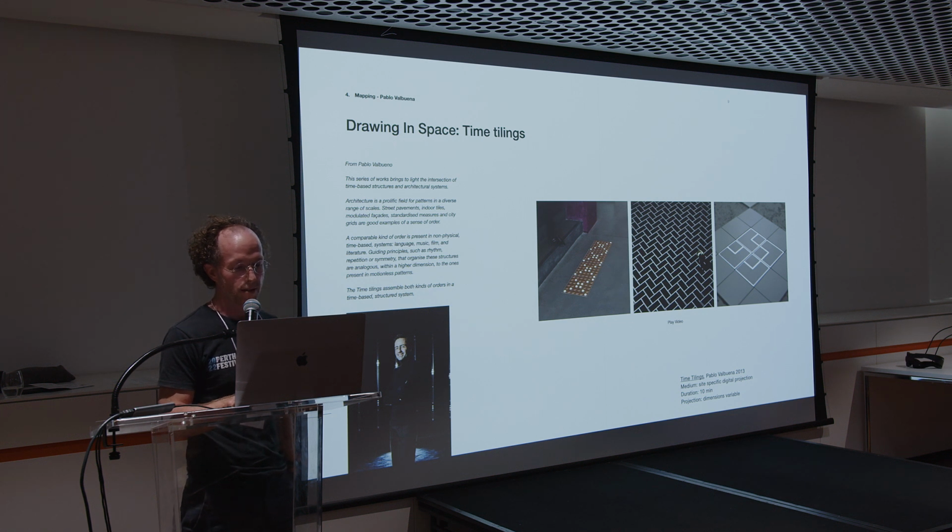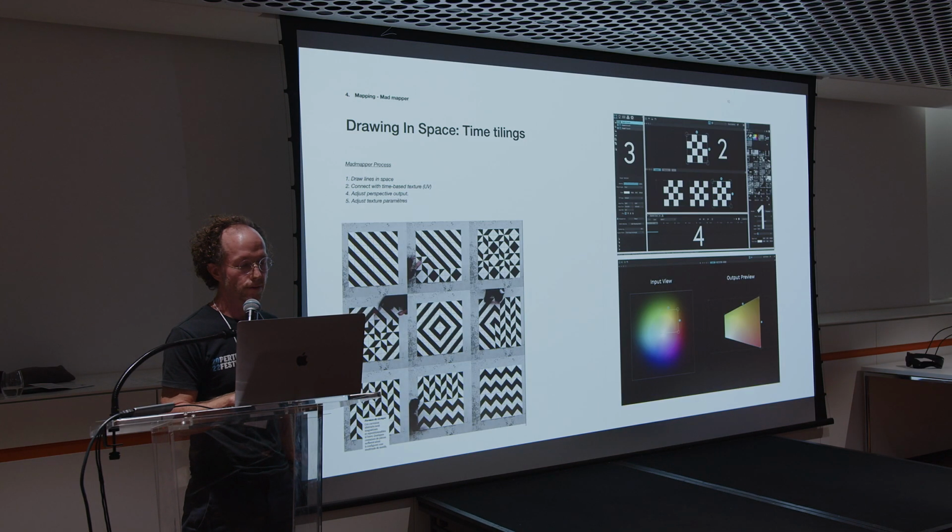So the Time Tilings assemble both kinds of orders in a time-based structured system. Although that sounds quite complex, we're very familiar with tessellation, and these are all around us.